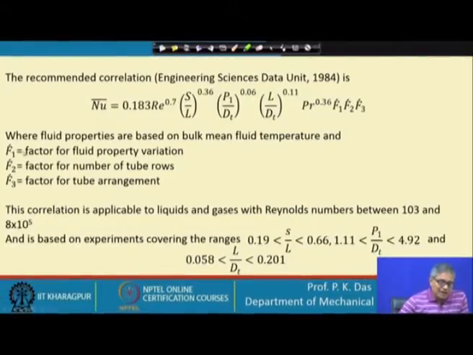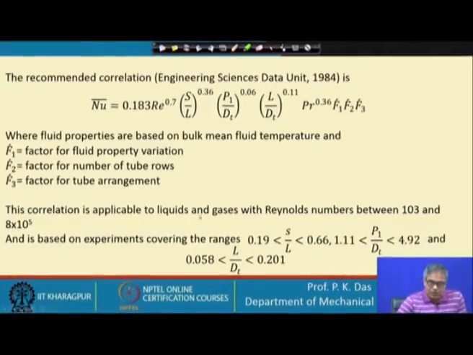Generally, F1, the factor for fluid property variation, is calculated as a ratio of the Prandtl number calculated at the wall temperature and at the bulk temperature. F2 and F3 generally have values close to unity.